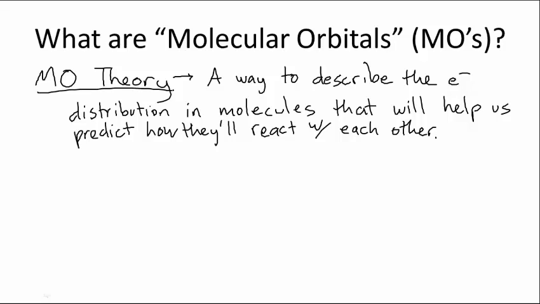And if the job is getting a basic understanding of how two organic molecules might react with each other, we're going to use the simplest possible MO theory. But it's by no means what you would call the most rigorous, most complicated form of MO theory. So that's just my disclaimer.